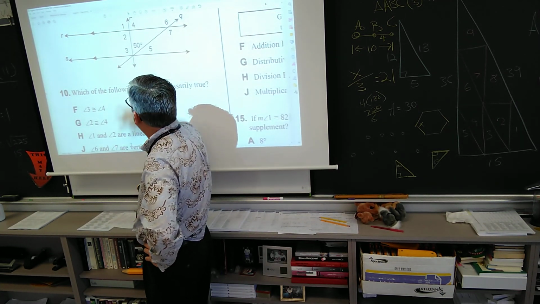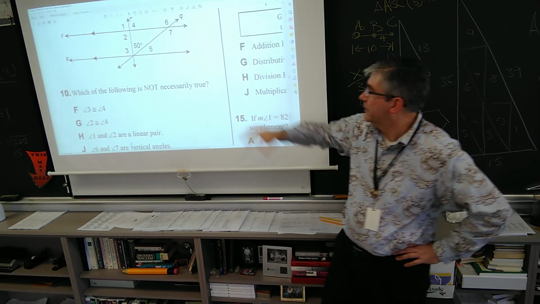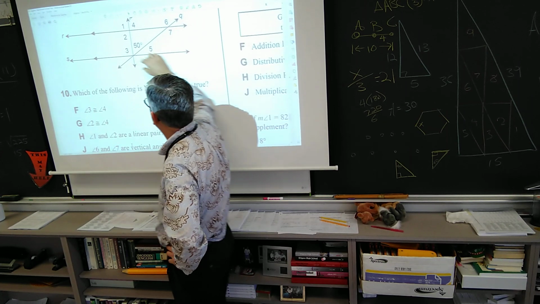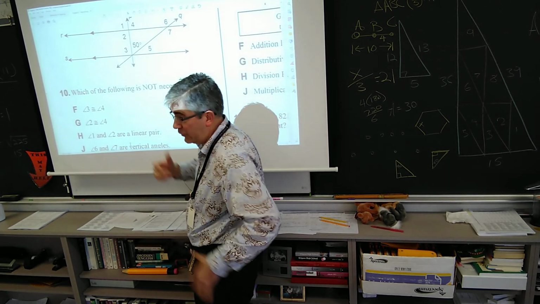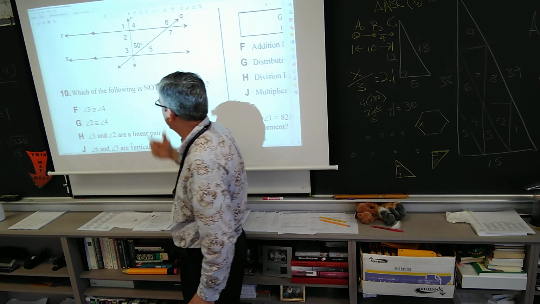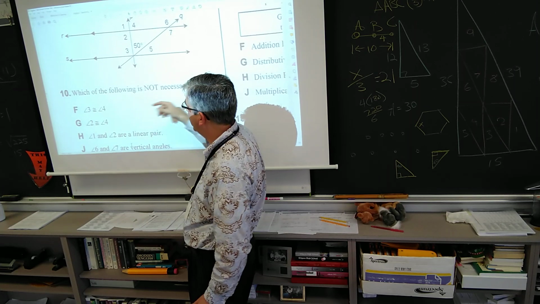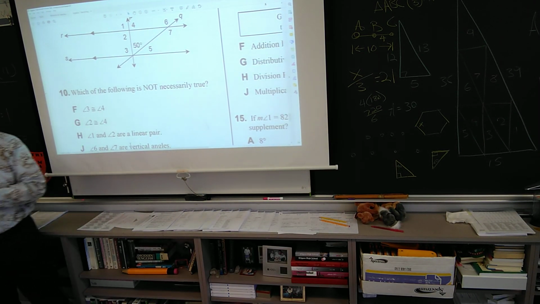Okay. Now you should know that 1 and 3 are congruent, 5 and 7 are supplementary. These are consecutive interior angles. These are corresponding angles. Okay, now you had chapter 2, so you knew that those were vertical angles and these are a linear pair. So some of these questions, which of the following is not necessarily true? It's going to be F. We don't know that 3 and 4 are the same measure.